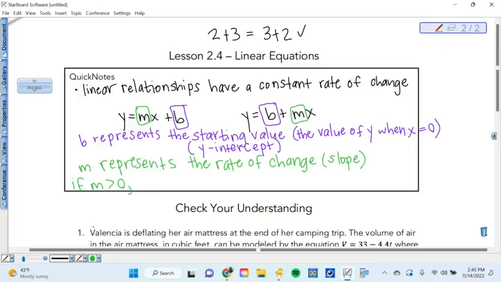Increasing. So if m is greater than 0, or if m is positive, then y is increasing. And then just the opposite is true as well. If m is less than 0, if it's negative, then y is decreasing.